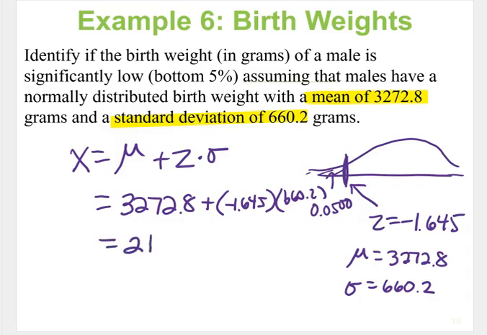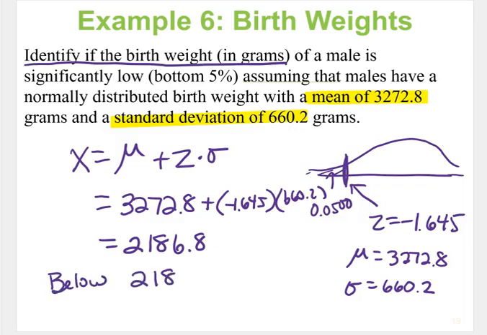And I get 2,186.8. So that means if you are below 2,186.8 grams, if you're a male baby when you are born, that means you are significantly low. You are in the bottom 5%.